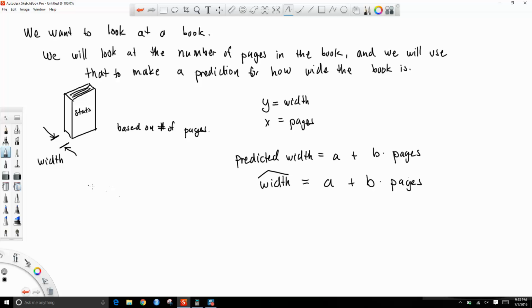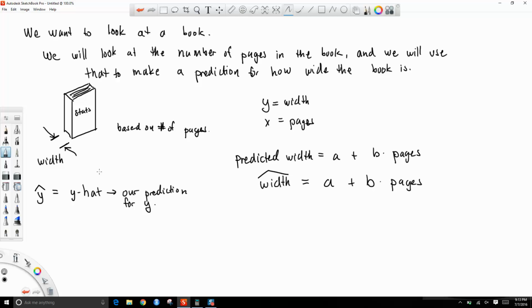If we have this, we call it y hat, and this just means our prediction for y. The hat just means it's not y, but it's something related to y.